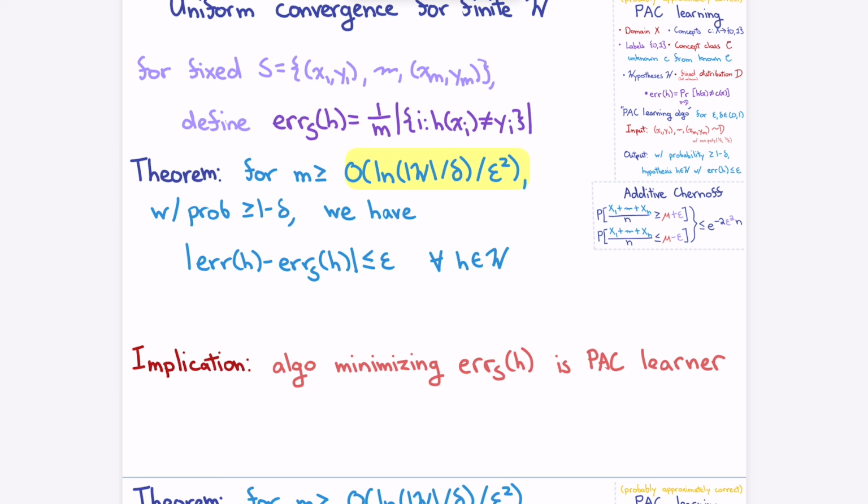S is drawn from the distribution, but then the error treats all the questions equally. Like I'm going to draw random questions from our various chapters, but then they'll all be weighted equally on the exam.